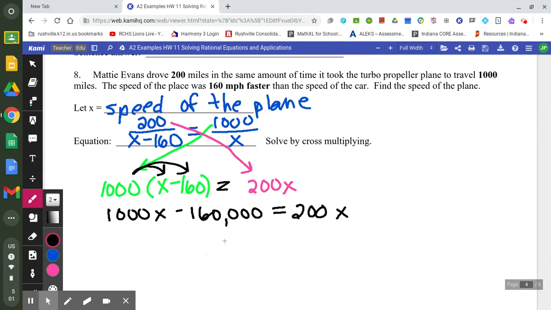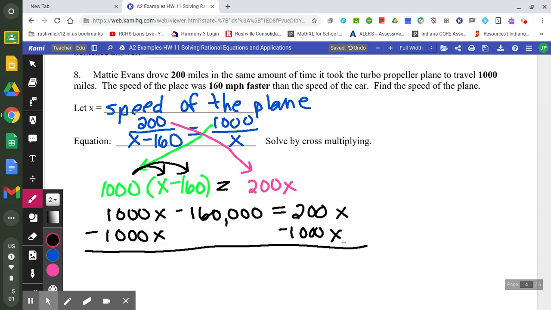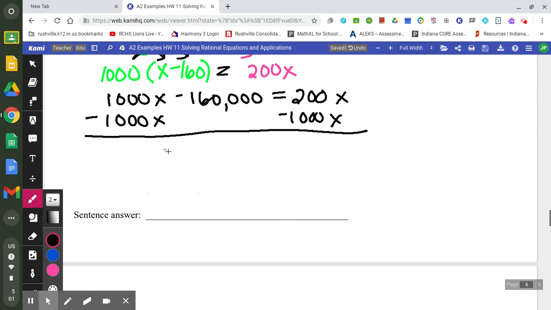And so I want the X's on one side, so I'm going to go ahead and minus 1,000X from both sides of the equal sign. So I have negative 160,000 equals negative 800X.